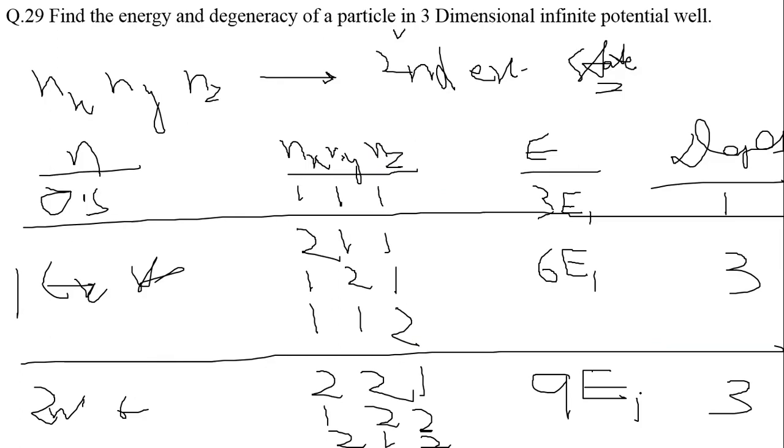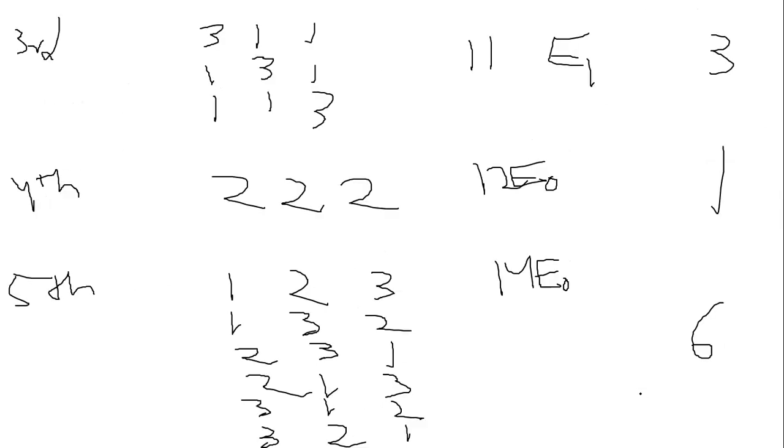Similarly, for the second excited state, there are two 2's, so it will be 9E1, and there will also be 3 different combinations. And for the third excited state, it is 3 1 1, so it will be 11E1 and degeneracy 3. For the fourth excited state, it will be 2 2 2, 12E1, and degeneracy will be 1.